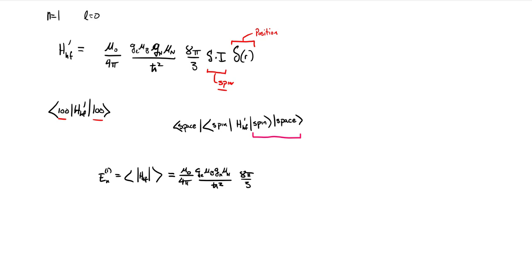But then we're going to have our space bras and kets working on the position part of our wave function, and the spin part of our kets are what the spin operators act on.